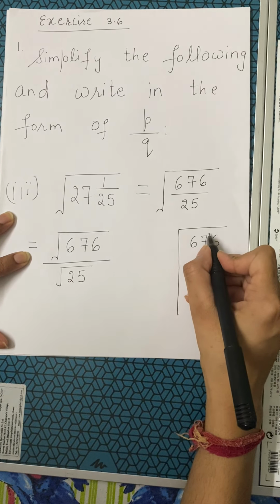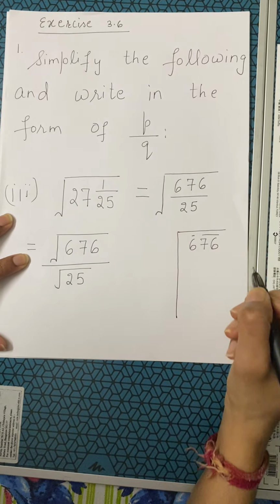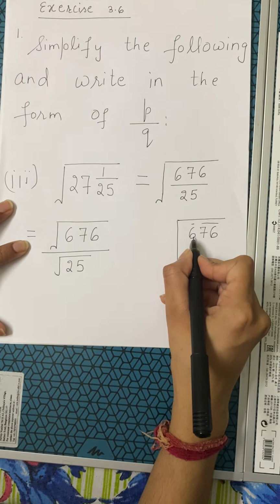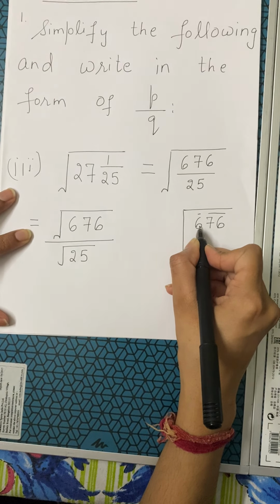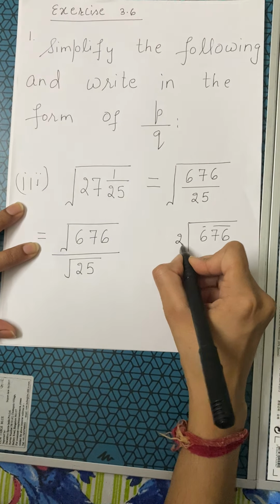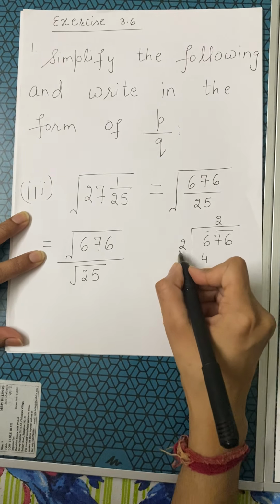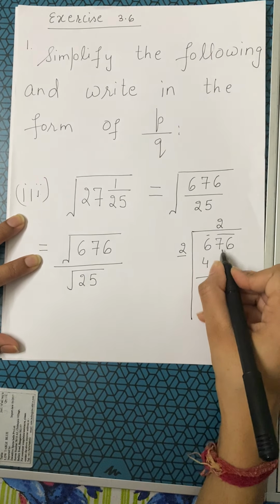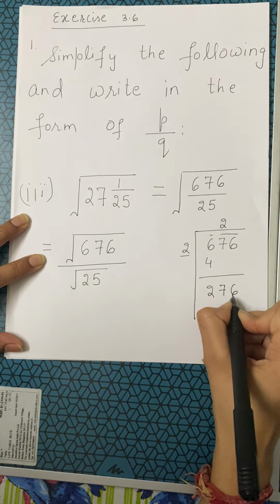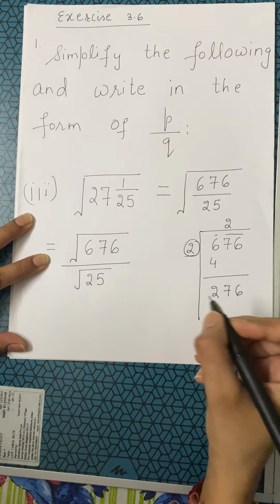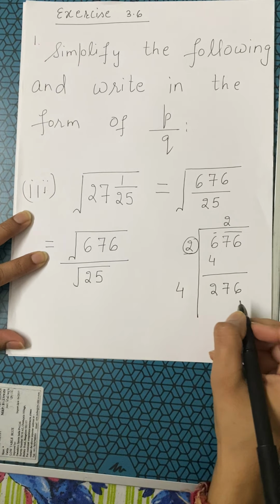I'll start pairing from the right hand side. This digit will remain as it is. Now the perfect square which is less than 6 is 4. That is 2 2s are 4. So I will be solving here. It will be 276 taken all together. This number will be multiplied by 2. It will become 4.